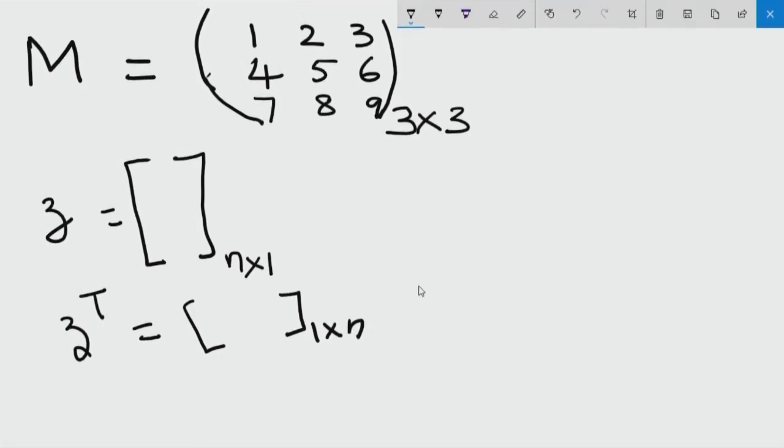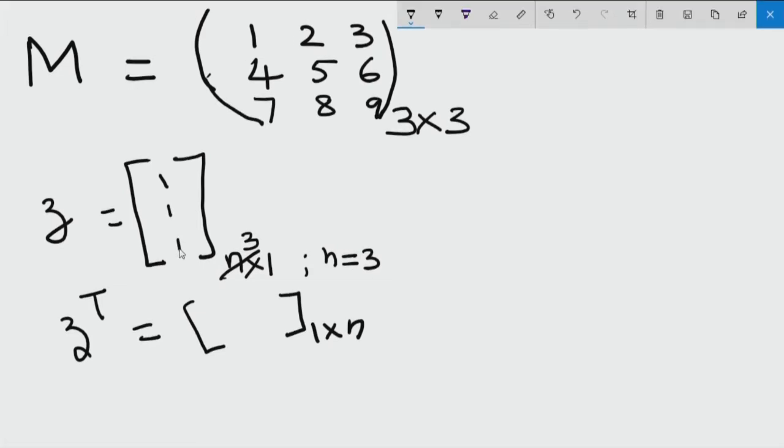For simplicity, in order to illustrate this example, we take n equal to 3. That means here Z is a 3 by 1 matrix. For easy purposes, we take the entries of Z as 1, 1, 1, and n being 3, the transpose of Z will be a matrix of order 1 by 3. Obviously, the entries in the matrix will be 1, 1, 1.